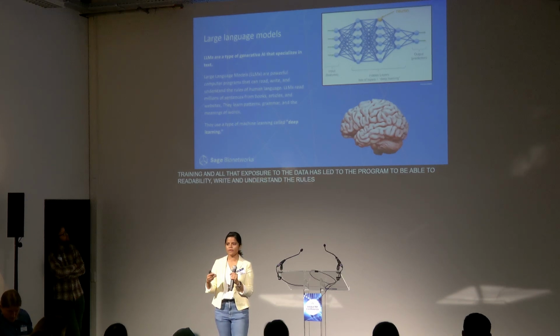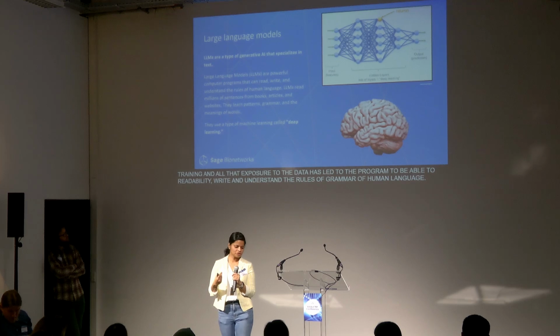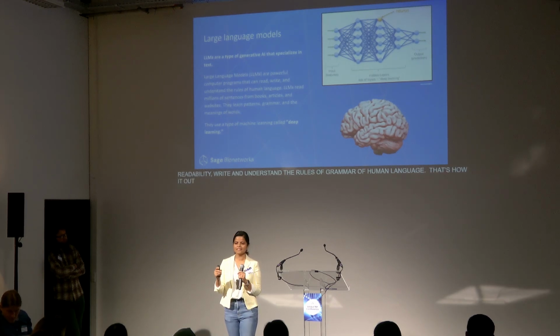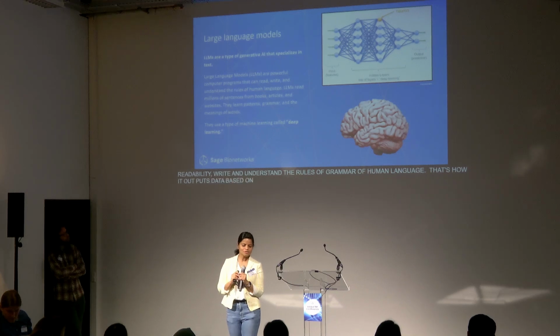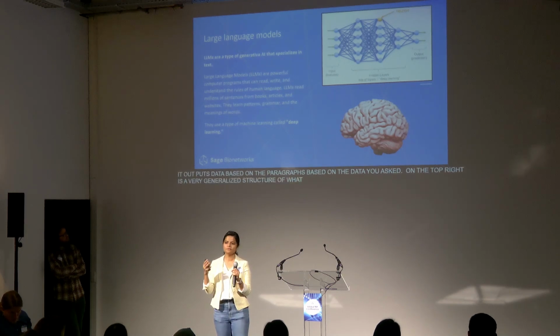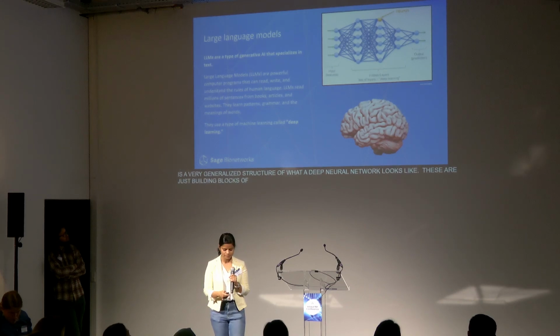And that's how it generates outputs that are coherent paragraphs or coherent sections of data based on the question you ask. On the top right here is a very generalized structure of what a deep neural network looks like, and these are just building blocks of how those large language models came about.